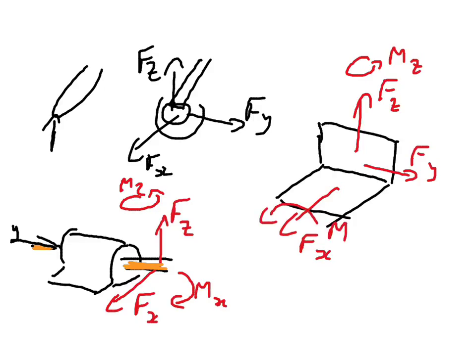So there's a resistive moment about the X axis. There's no resistive moment about the y-axis, because if there was something to stop it turning that way, the hinge wouldn't work. The hinge is designed to twist about the y-axis, so that last moment doesn't exist. There's no resistive moment in that axis.